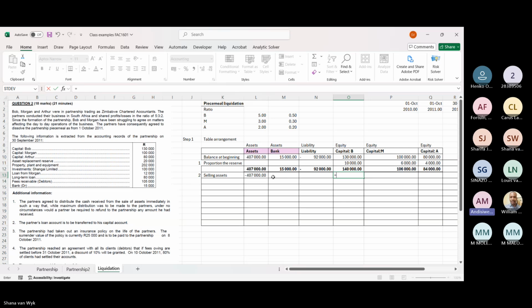Shona, I think you should place the 130,000, that's the carrying amount, in the column of the assets, in the sale of the assets.